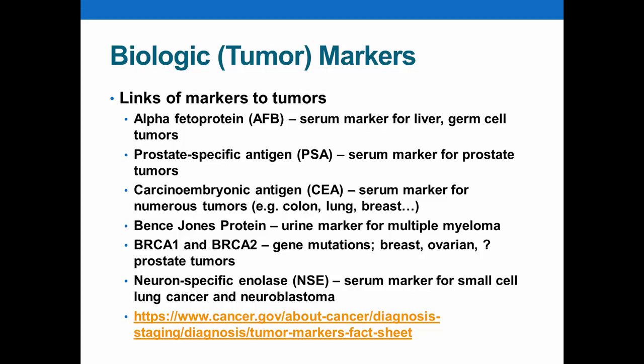The BRCA1 and BRCA2 are gene mutations. And this is one of the first gene mutations that we identified in terms of cancer markers. This is breast cancer 1, breast cancer 2. Most of our experience is with breast cancer because that's where we identified it. However, we know that BRCA1 and BRCA2 are also implicated in ovarian cancer.